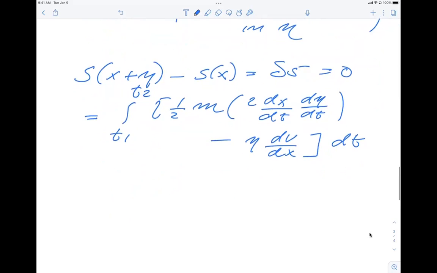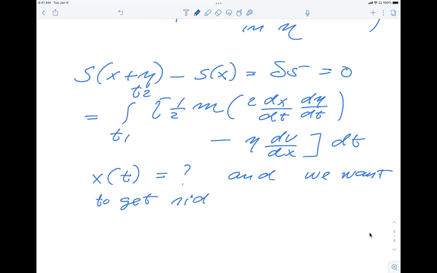Now the thing is that x of t is actually unknown, so we don't know that one. And we would like to get rid of this term, which we call d eta/dt here.